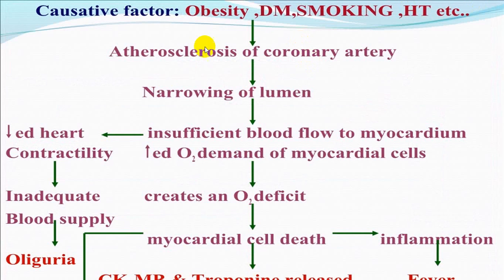So atherosclerotic narrowing of the lumen, ischemia, complete occlusion, myocardial cell death, and once there is cell death, troponin elevation, CPK-MB elevation. Secondary to inflammation, you can even have fever. Decreased contractility of the myocardium leads to failure, and the person can develop oliguria.